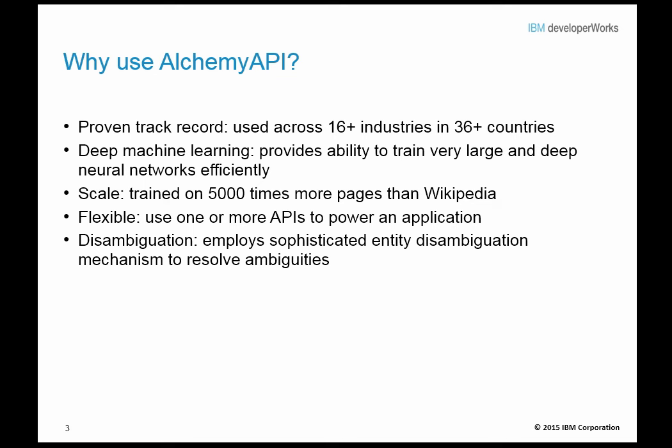Alchemy API disambiguates text in much the same way as a human. When a potentially ambiguous entity is encountered, the surrounding text is examined for contextual cues. A series of statistical algorithms are combined with a huge dataset describing the world's objects, individuals, and locations.